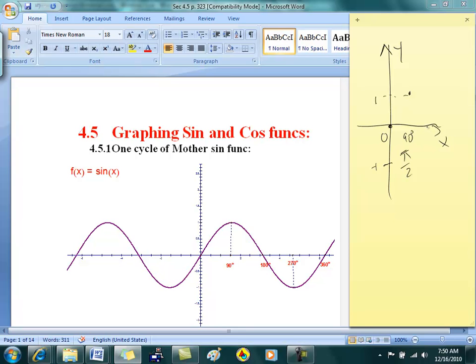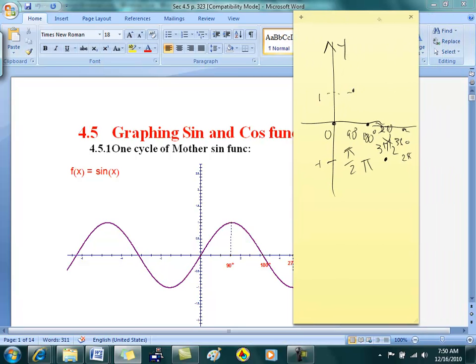And then the next one is pi, which is how many degrees? 180, or pi radians, and the value is 0. And then the next one is 270, or 3 pi over 2. And then the last one is a 0, and that is 360 or 2 pi.